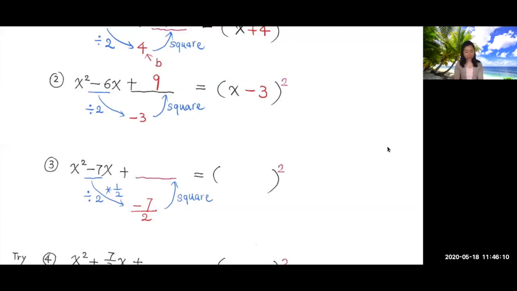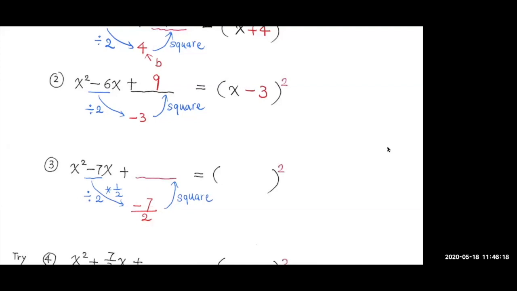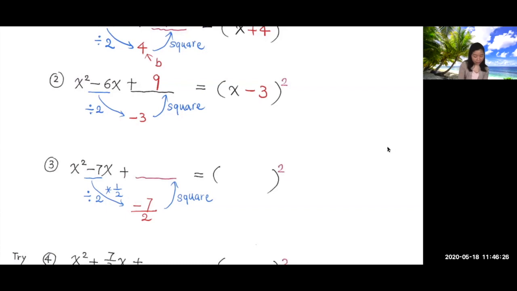It's a little easier if I keep this as a fraction. The square of negative 7 is 49, and the square of 2 is 4, so 49 over 4. Let me write it down: negative 7 over 2 squared equals negative 7 squared over 2 squared, which is 49 over 4.